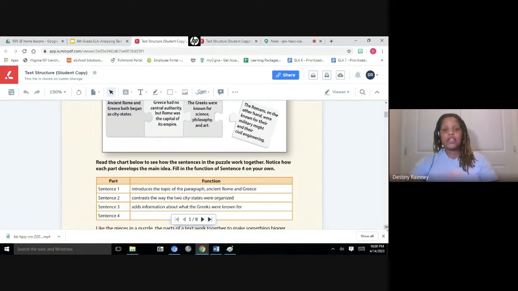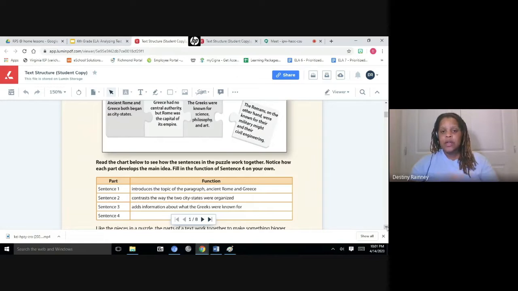Now, take a look at the chart below for me. It mentions the function. Now, the function is how the specific idea or sentence works. What is the purpose of that sentence? Well, sentence one says ancient Rome and Greece both began as city states. It introduces the topic of the paragraph, ancient Rome and Greece.